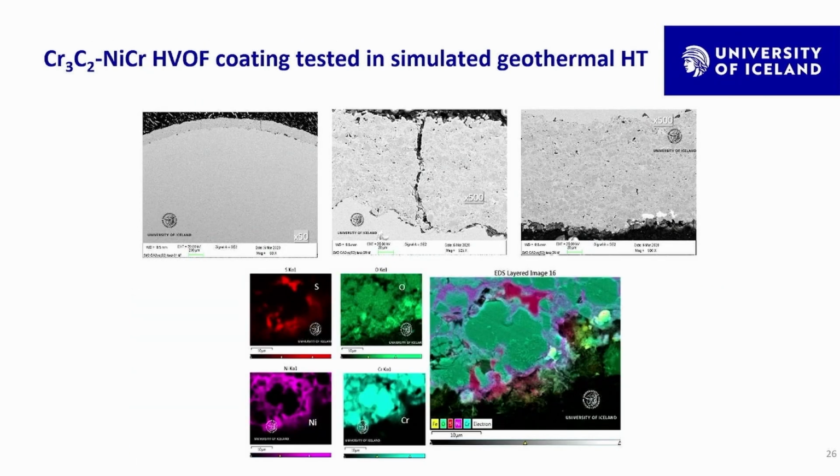And if we look at the cross-section, we saw these cracks, but this is most likely from the sample preparation, because these coatings are quite brittle. We can also see not a perfect layer between the coating and the substrate. And at the surface, we are seeing some ingress of the sulfur species, indicated by these red colors.